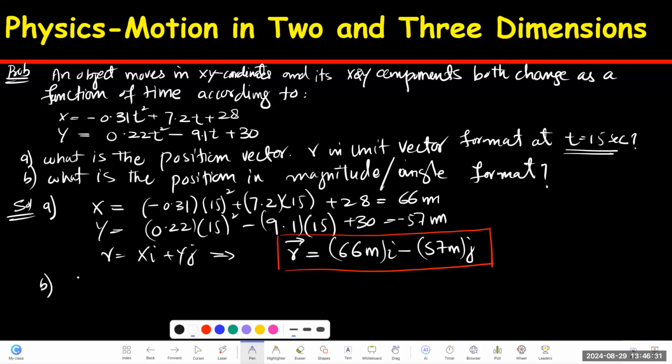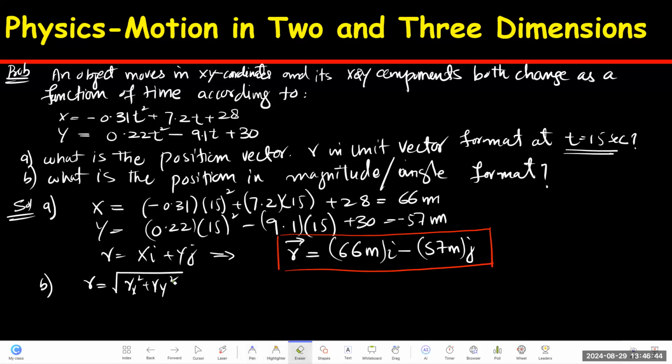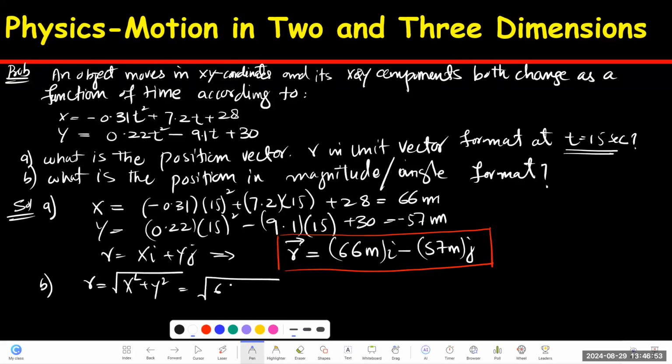For part B, R equals the square root of x squared plus y squared. You can call it x and y here, so x squared plus y squared in your situation. If I substitute the values, 66 squared plus minus 57 squared, and solve them, it is going to be 87.